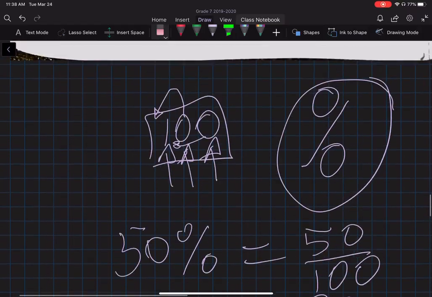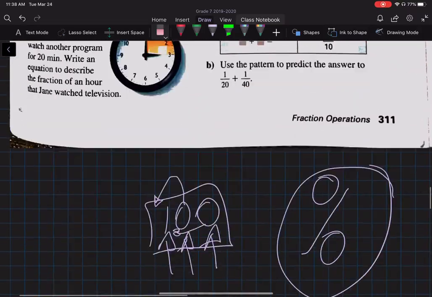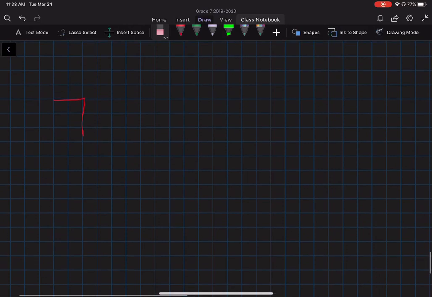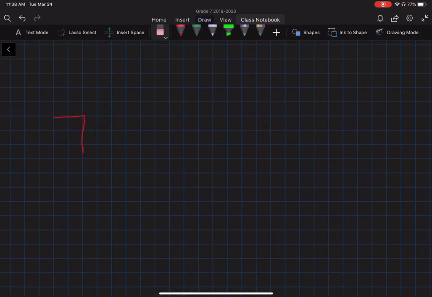What are the fractions? 1/5 and 1/20. So we say 1, 2, 3, 4, 5, 6, 7, 8, 9, 10, just so that it will be easier for us later on. I made it out of 20 squares just for easier modeling, but there's no restrictions on that.